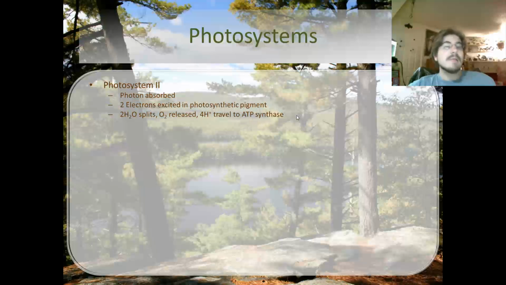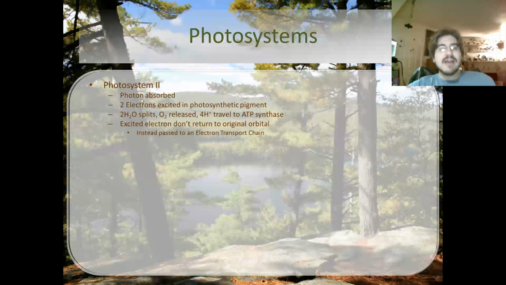It pumps hydrogen across the membrane, and in doing so makes ATP, or rather turns ADP and a phosphate into ATP. Now, the 4 hydrogens are sent directly to the ATP synthase. They're not carried. All right? The electron carrier is not carrying them around anymore.